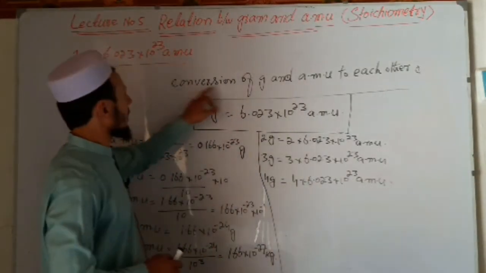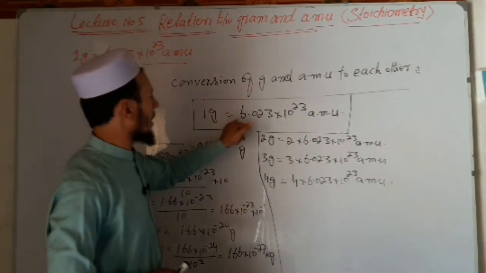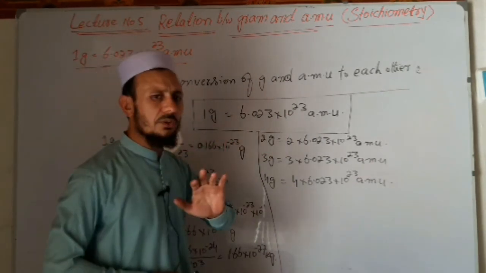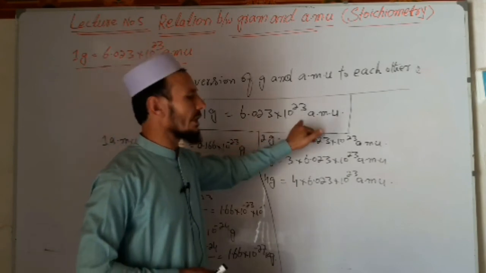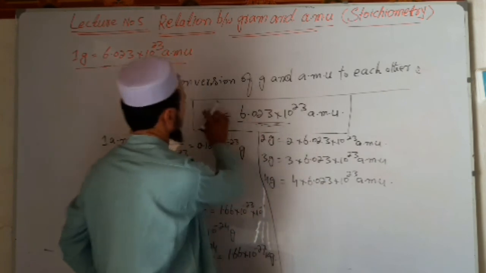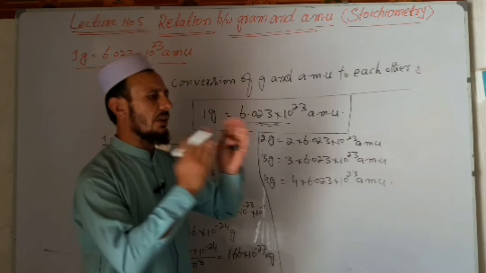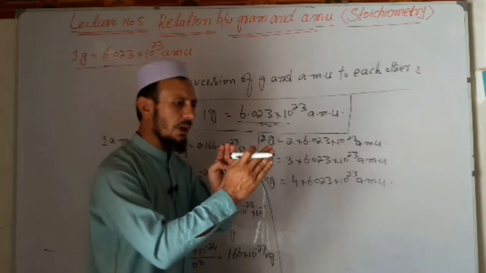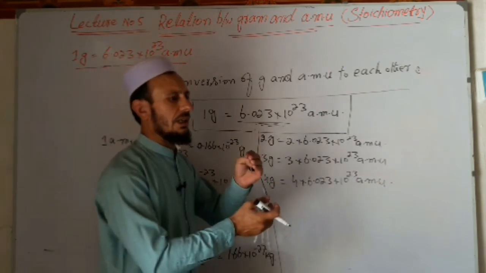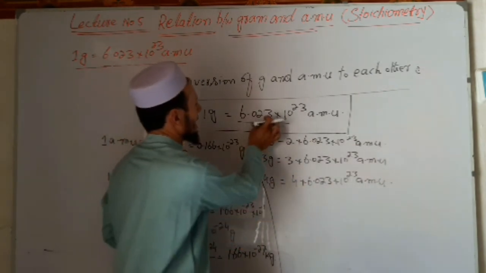Now dear students, conversion of gram and a.m.u to each other. How we will convert gram into a.m.u and a.m.u into gram? So dear student, gram is the very large unit, and a.m.u is the very small unit, and this is the conversion factor between gram and a.m.u. The conversion factor means that when we convert gram into a.m.u, it will be multiplied by this conversion factor, and when we convert a.m.u into gram, then we will divide by this conversion factor.